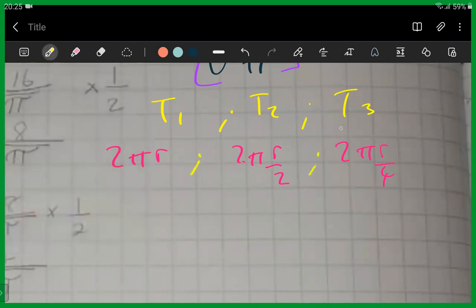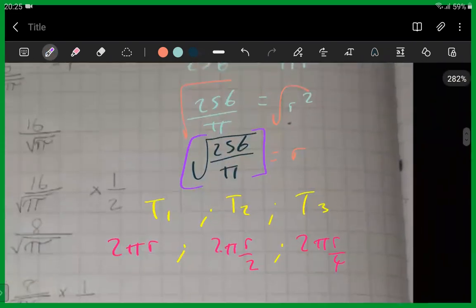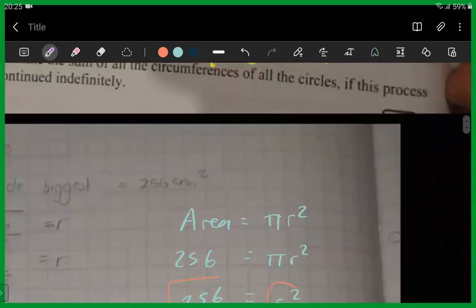Well, this is just the formula for the circumference of a circle. Let me write that down. This you need to know because it's a basic formula and we need it. Okay, so it's 2 pi r. Okay, got it, I get it.